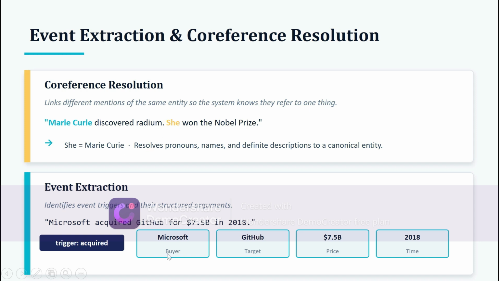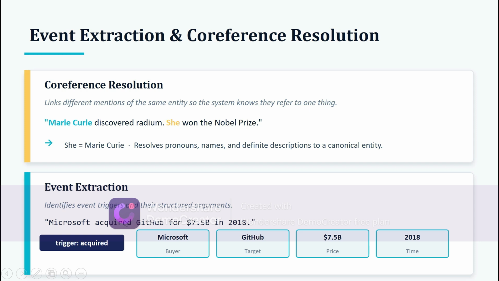Second, event extraction. Here we look for a trigger word, usually a verb or nominalization, and then identify its structured arguments.